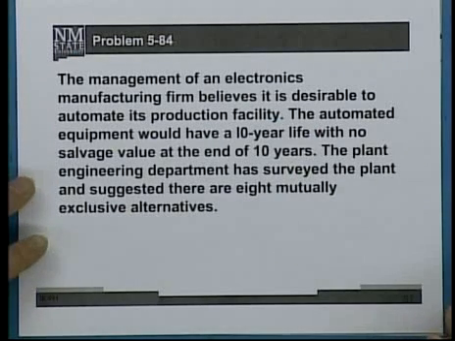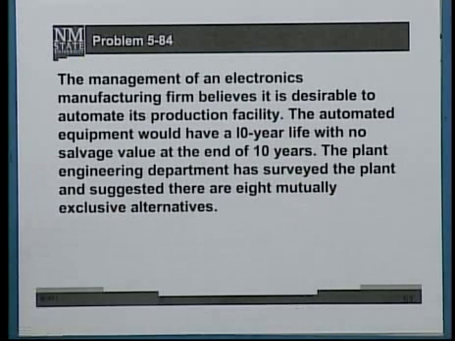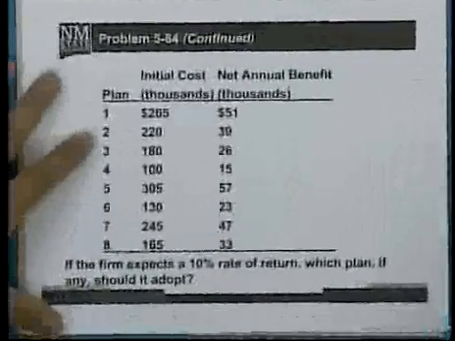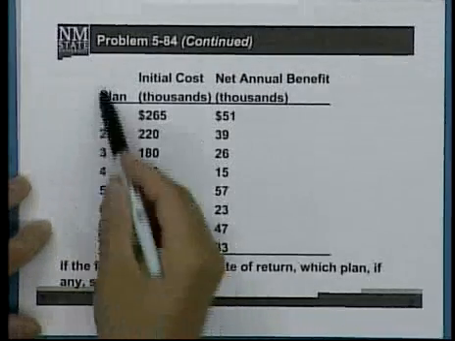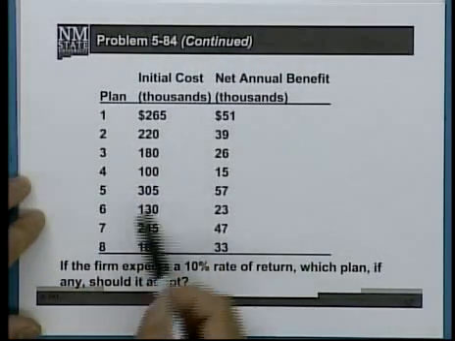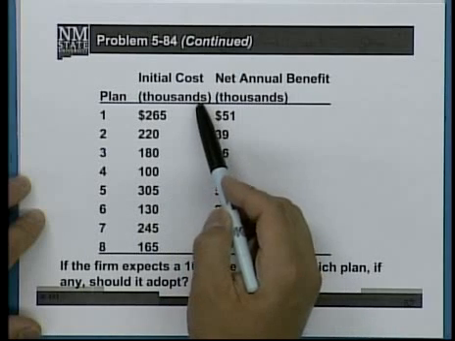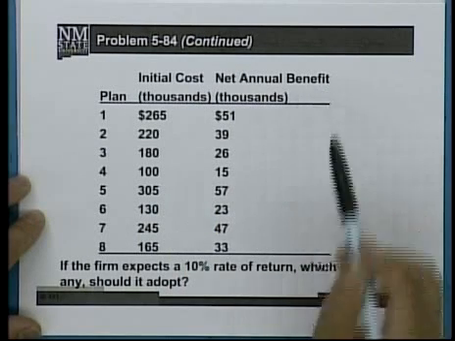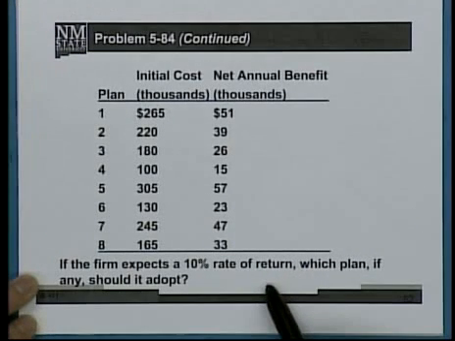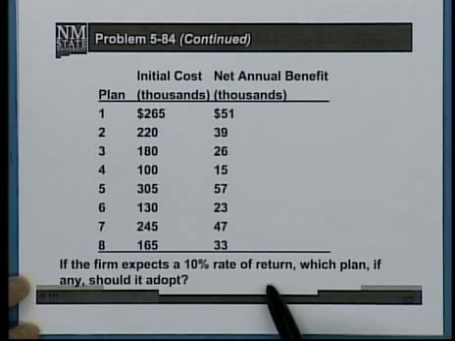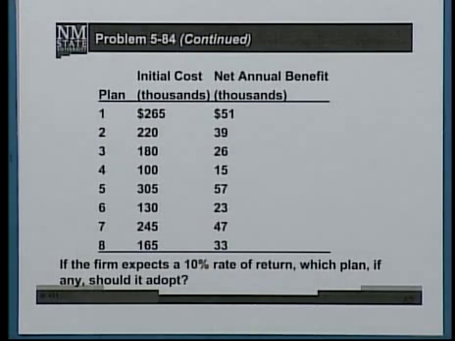The plant engineering department has surveyed the plant and suggested there are 8 mutually exclusive alternatives, summarized in this table like this. There are 8 alternatives, which include initial cost in $1,000 and net annual benefits in $1,000. If the firm expects a 10% rate of return, which plan, if any, should it adopt?